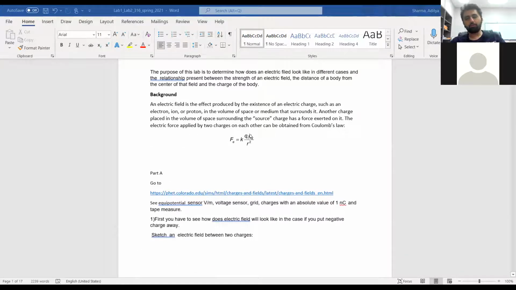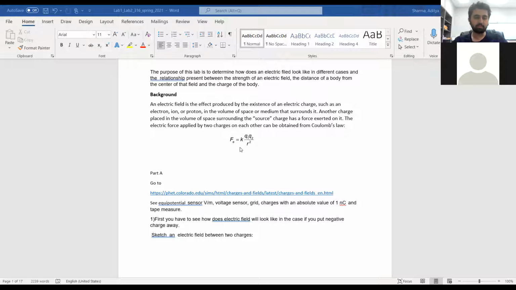Pretty sure all of you have done Coulomb's law, and it is, if you look at it, pretty similar to the law of gravitation. Here you have a universal constant K. You had G for gravity, and instead of masses, now we have charges Q1 and Q2. Those are the 2 charges we have, and the distance between them is R. Again, that 1 over R squared, that inverse square dependence that we see in gravity, we have here as well.